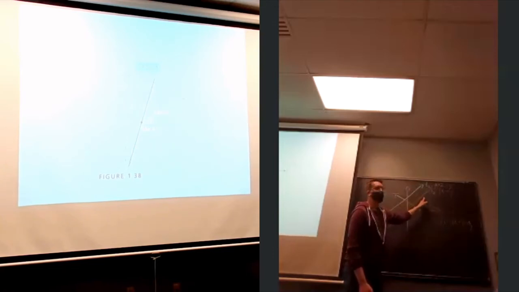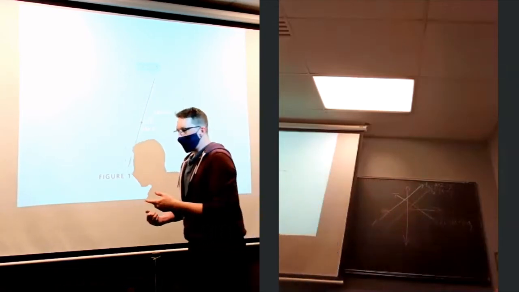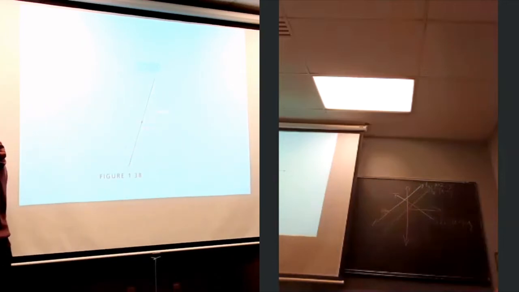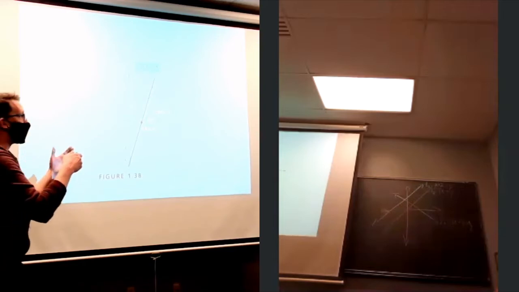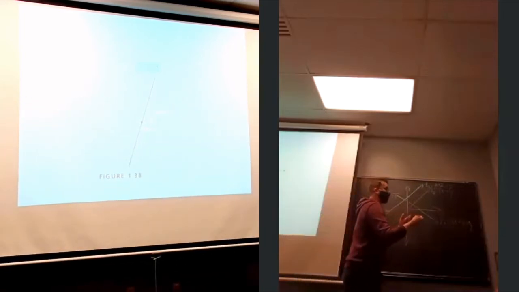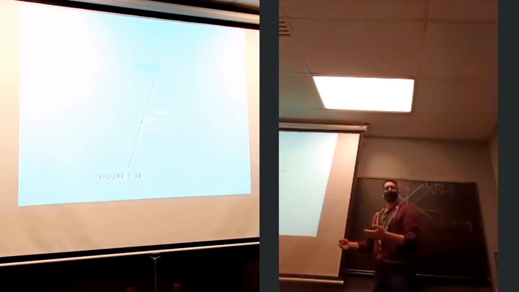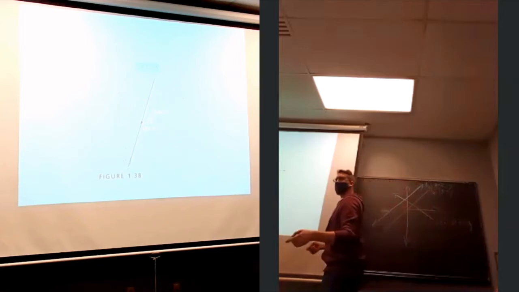But it's parallel to line 2. What this illustrates is that as long as the slope is the negative reciprocal, then the lines are going to be perpendicular. As long as the slopes are identical, the lines are going to be parallel. Is everybody with this? Does that answer your question?